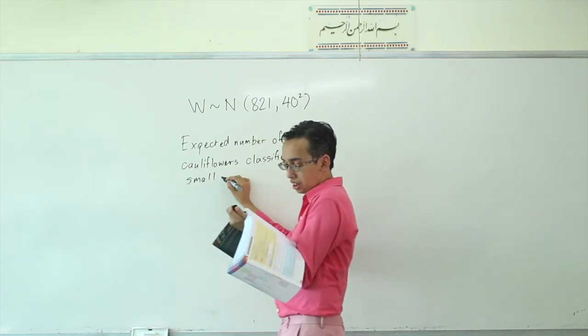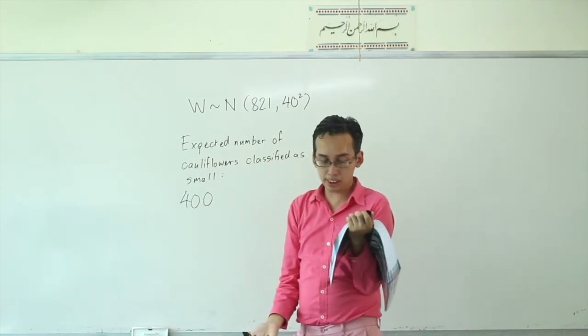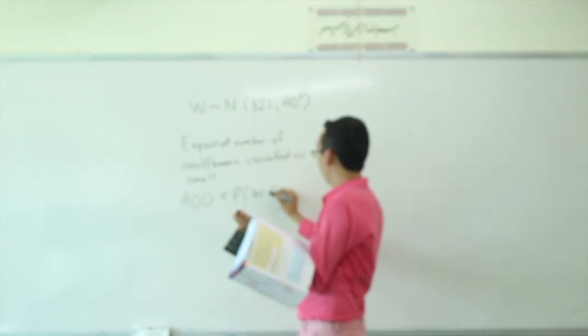First you take your 400 because the sample is 400, and then you multiply by the probability that W is less than or equal to 750.